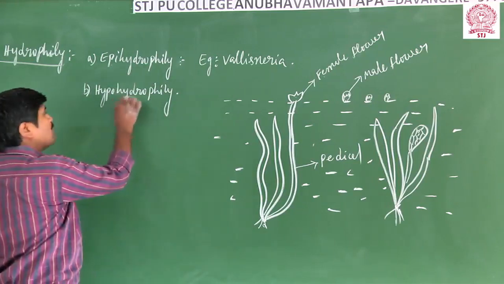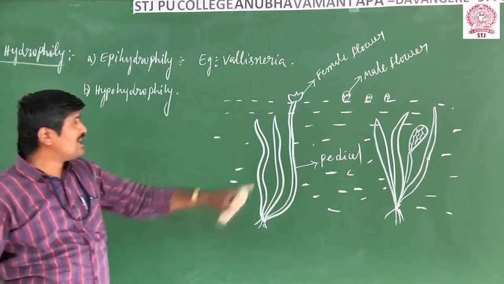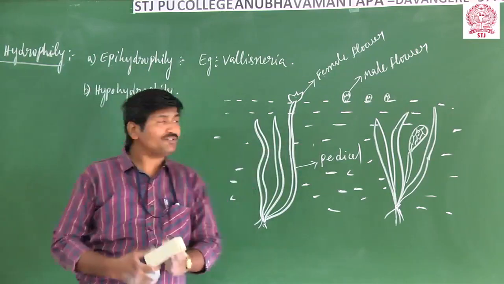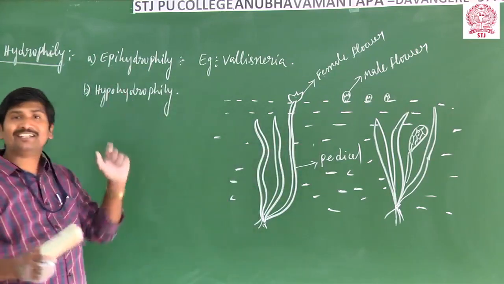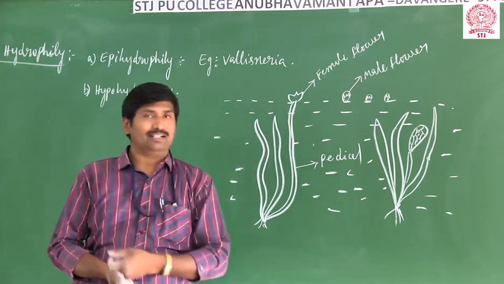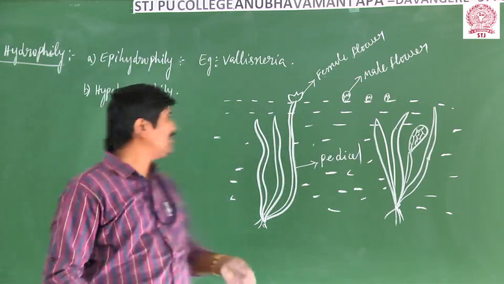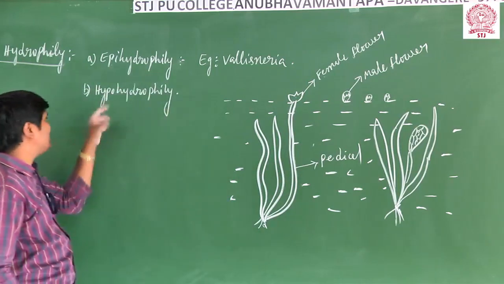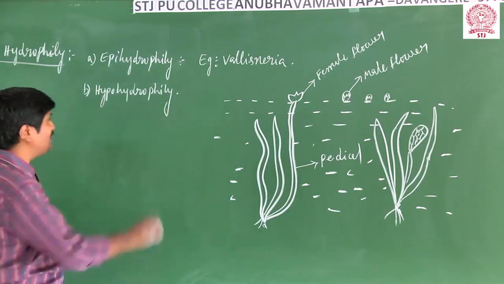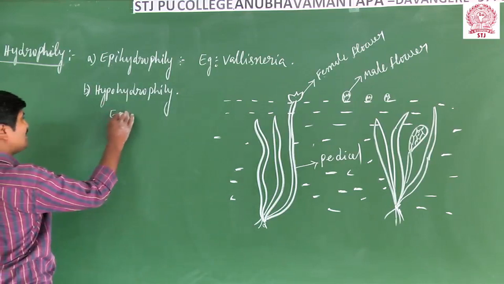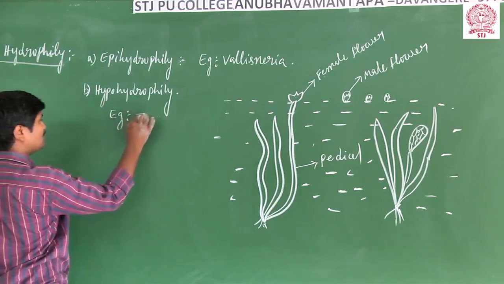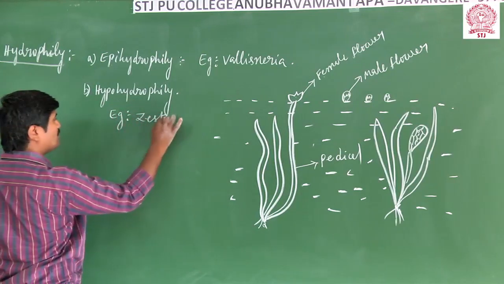What about hypohydrophily? The hypohydrophily means the pollination takes place inside of the water. When the pollination takes place inside of the water, that is known as the hypohydrophily. The best example for the hypohydrophily, Zostera.